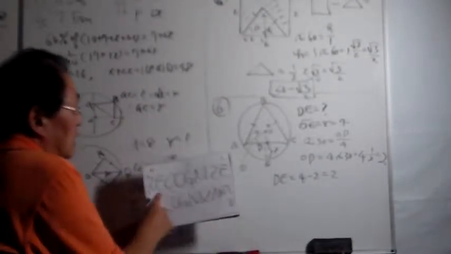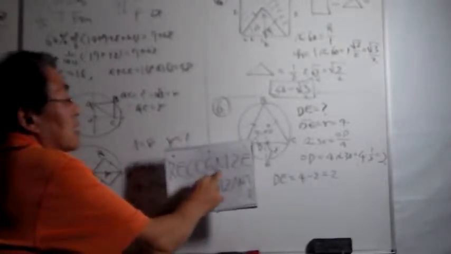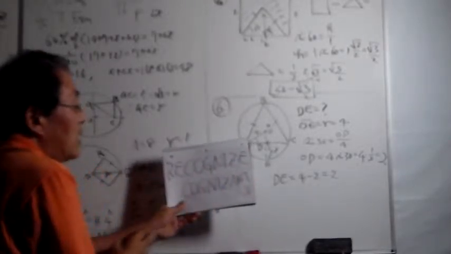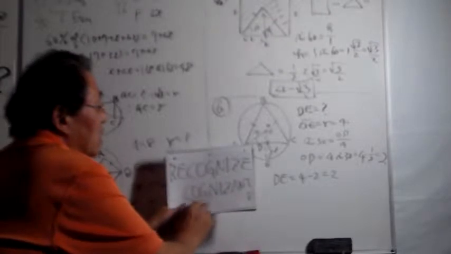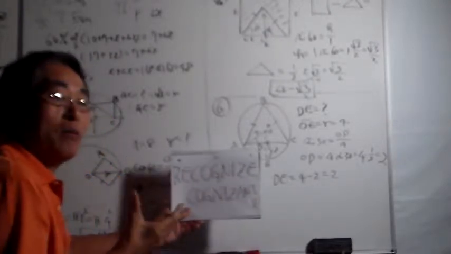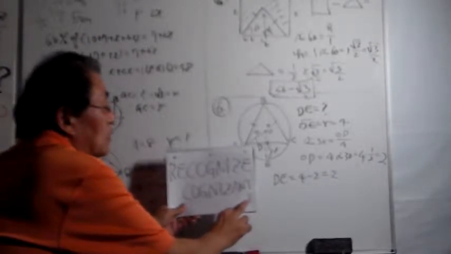Probably this one you memorize: recognize, okay? You have to know something else. Cognizant is an adjective. Cognizant of means familiar with, knowing something of. Make sure you use the preposition of.